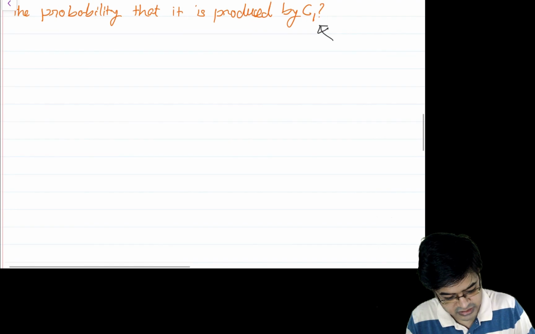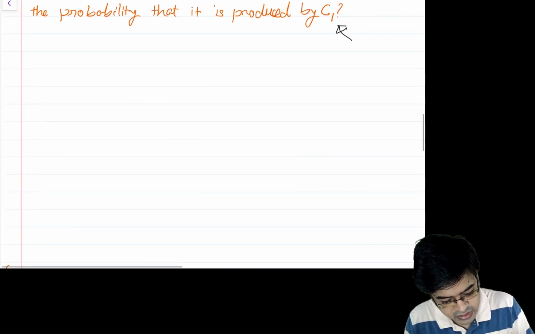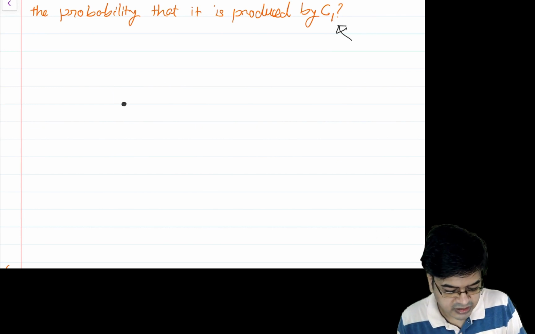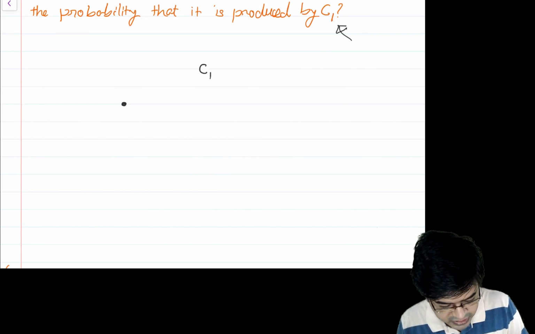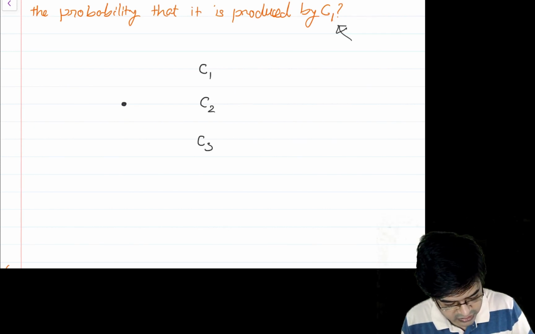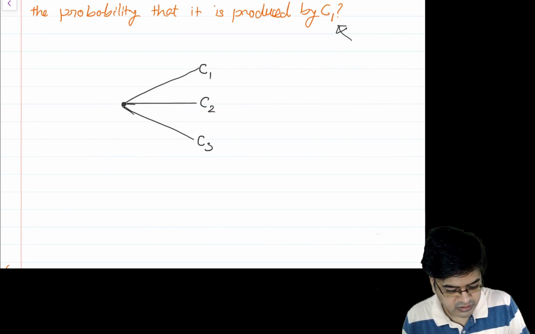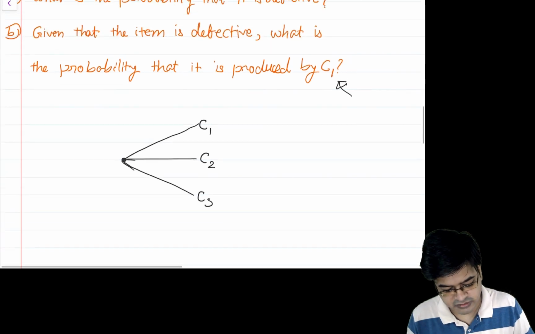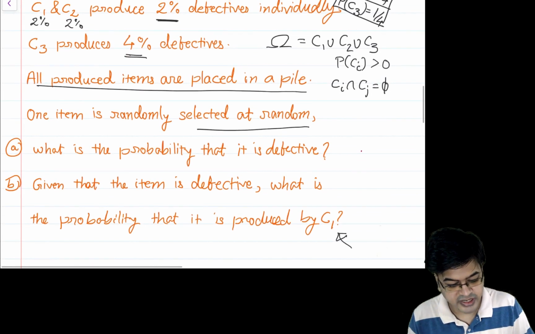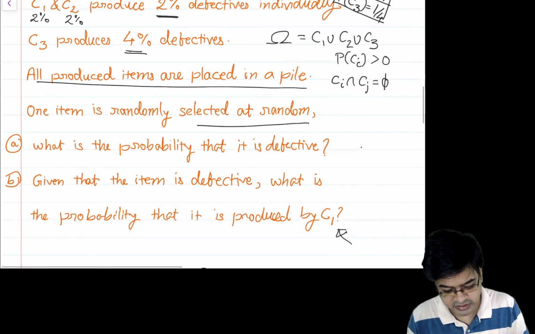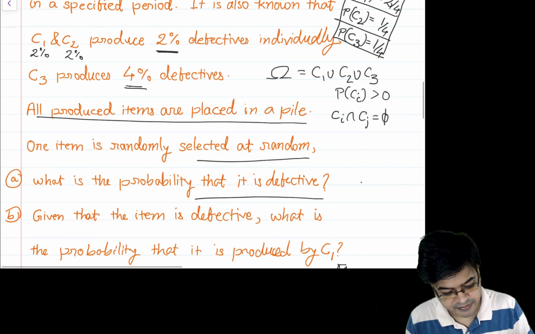So here is the idea. I have been given a pile. This pile is filled with C1, C2 and C3. So let me give the sequential description. Now what are the probabilities? What is the next step in this? The defectives, because we are interested in finding the probability that the item is defective. So how are the defectives coming?